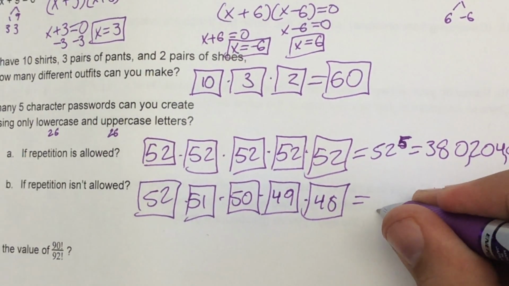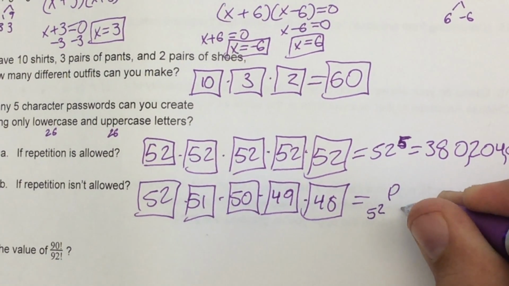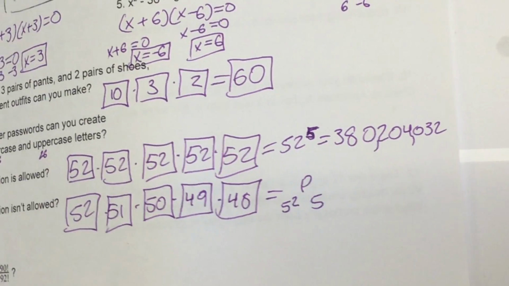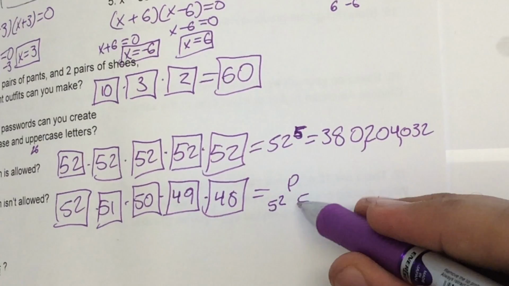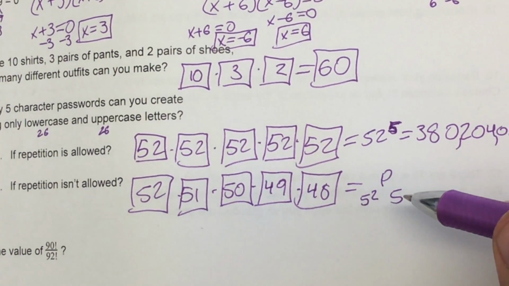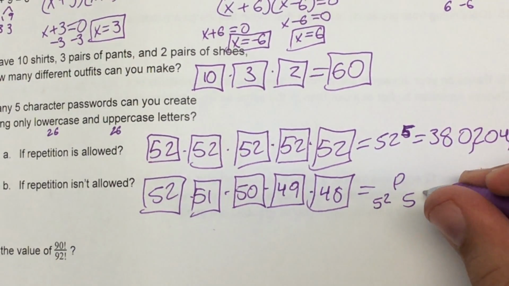Since repetition isn't allowed, you could also have written this as 52 permutations 5. I don't care, you can do this either way. But regardless, your answer should still be quite large.